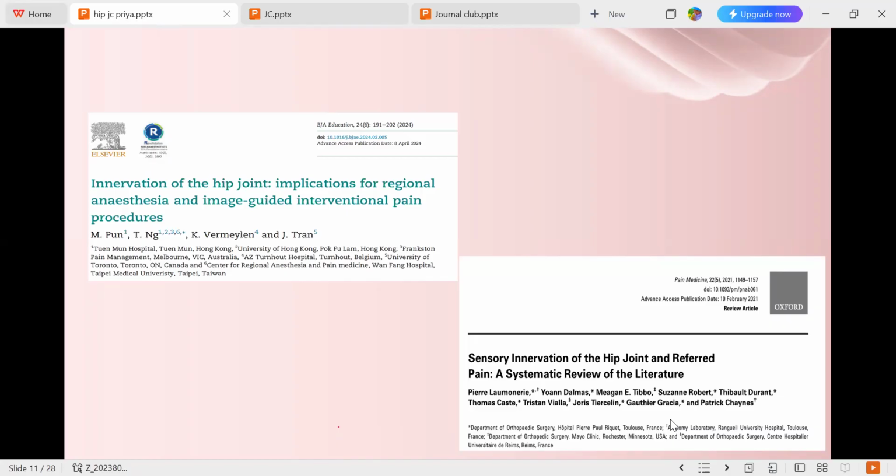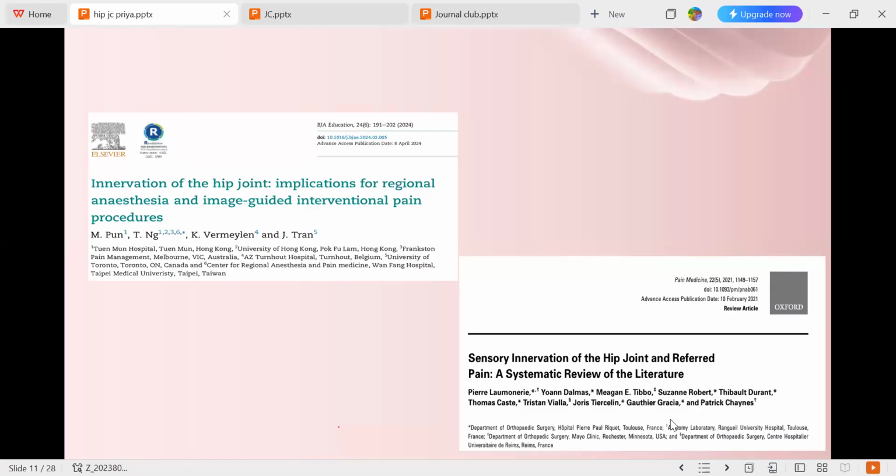So the obturator nerve has a more consistent nerve supply to the anterior capsule than the femoral nerve. For the posterior capsule, they have found in all these studies 100% supply by the nerve to quadratus femoris compared to all other nerves.